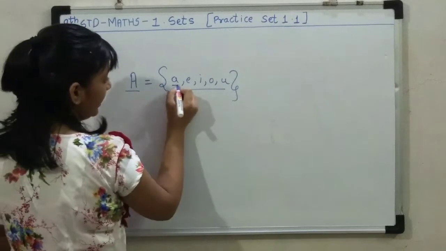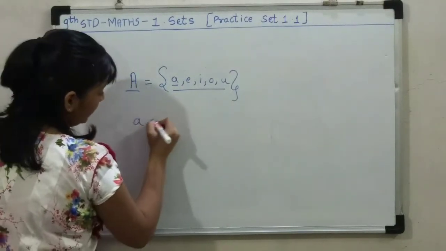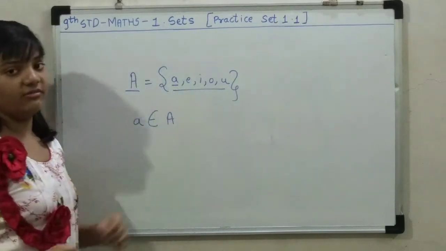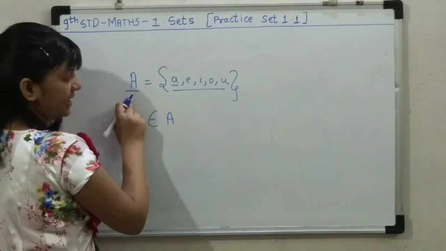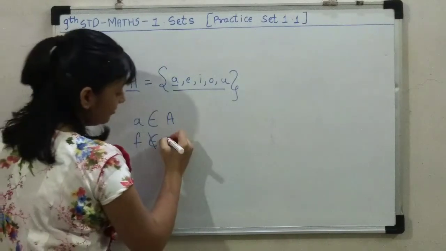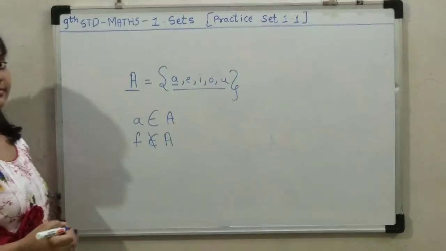Now suppose I have to write that a is a member of set A. So here a is an element of set A. In vowels, f does not come, so f is not an element of set A, or it is not a member of set A.